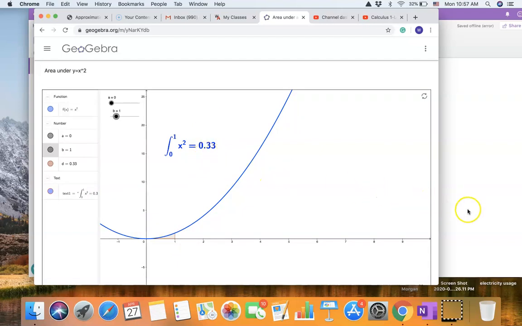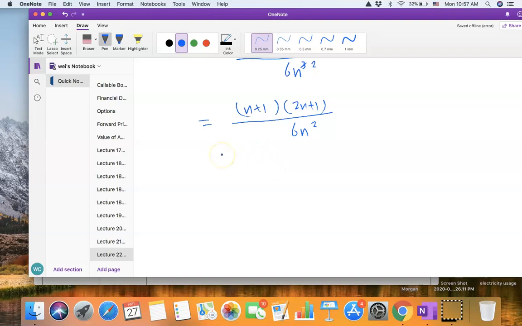It's 1/3. So if we use 10 rectangles to approximate this area, then when n equals 10, the approximation will be 10 plus 1 times 20 plus 1 over 6 times 10 squared, times 100.